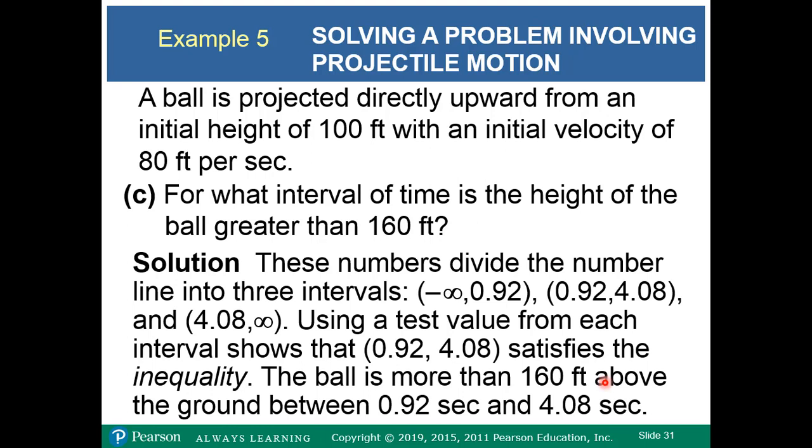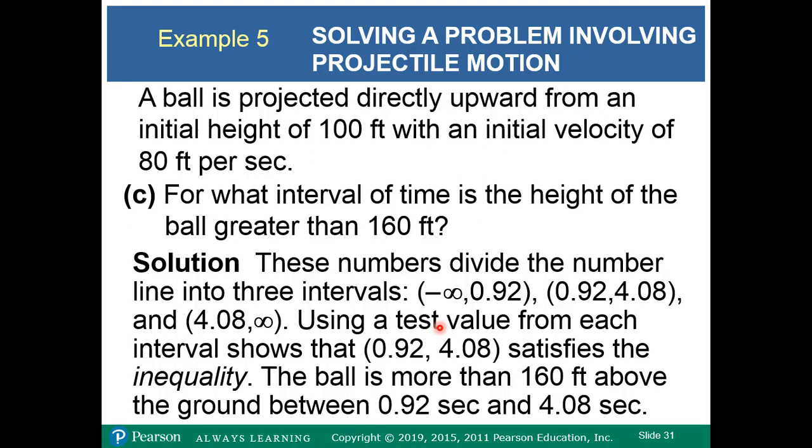Now, you can test it too, and it's easy to test. All you have to do is find the value of the function in each interval. You have the interval from negative infinity to 0.92, then the interval between 0.92 and 4.08, and then the interval from 4.08 seconds to infinity. We can test a value in between each one of these, and that value will be either positive or negative.